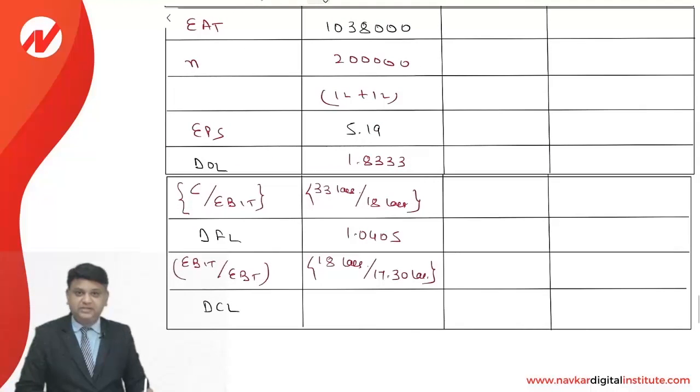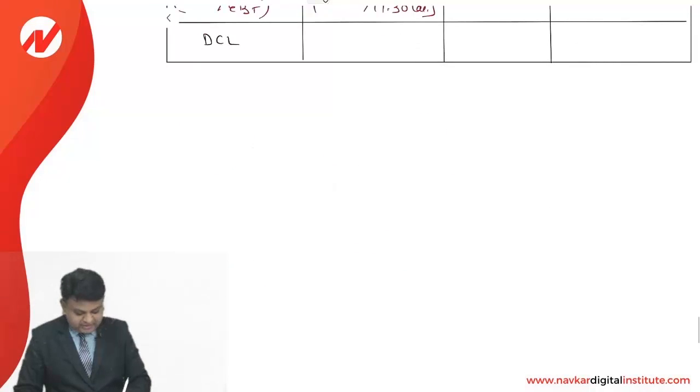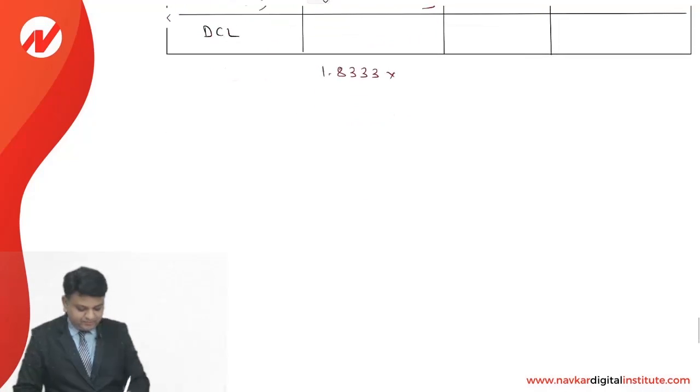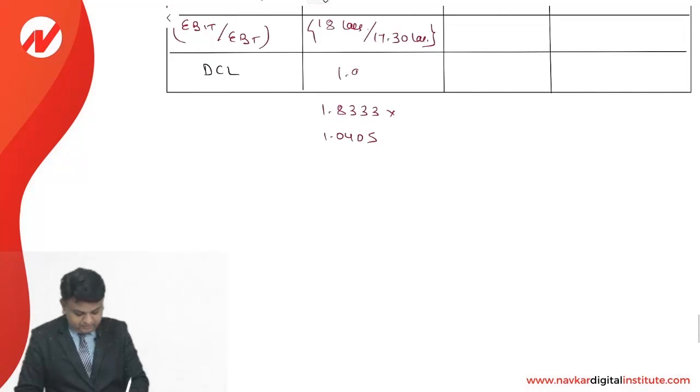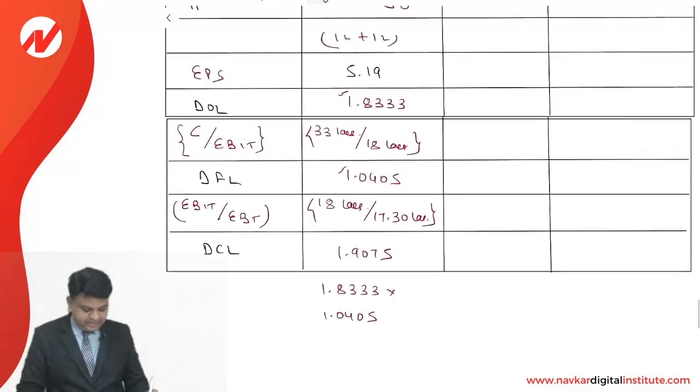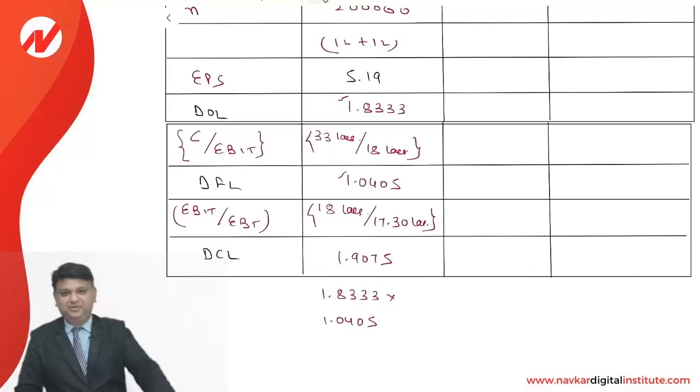That is the way the DFL is calculated. Degree of combined leverage is the product of these two, DOL and DFL. So in that case it is 1.8333 into 1.0405, that is 1.9075. That is the way the degree of combined leverage can be calculated.